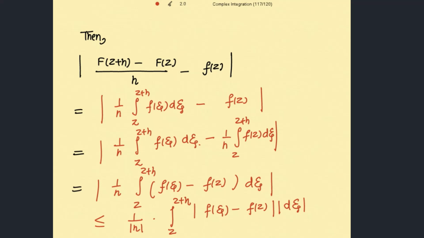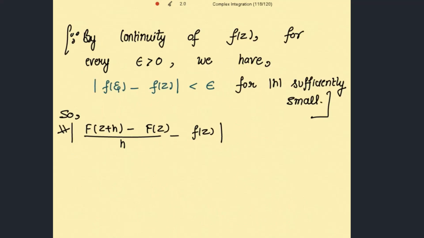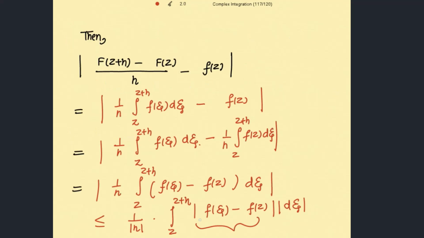By the continuity of f(z), for every epsilon positive, we have this mod strictly less than epsilon for mod h sufficiently small. So this complete mod now has the sign strictly less than because of this mod, right?